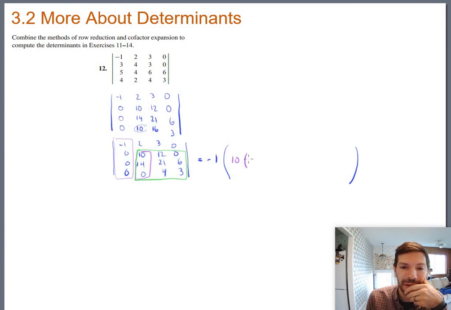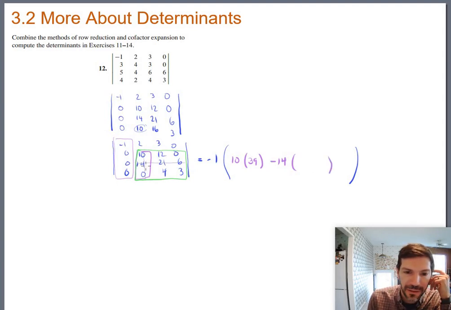It should be 39. And so then we'll have minus, from the checkerboard pattern, minus 14 times, and we're crossing out this row and this column now, so that'd be 36 minus 0.